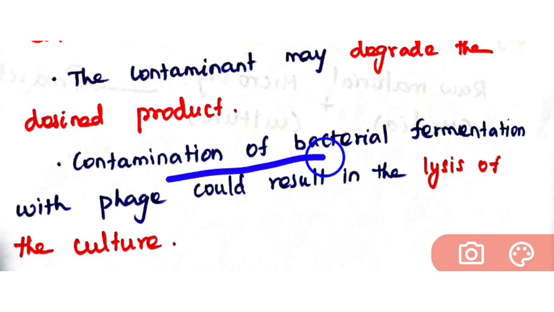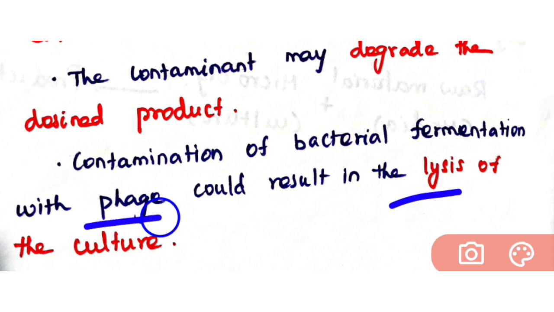Next one is contamination of bacterial fermentation with bacteriophage, which results in the lysis of the culture. In the lytic cycle of bacteriophage, the bacteriophage enters into the bacterial cell. Then in the bacterial cell it starts to replicate and produces more progeny of bacteriophage.